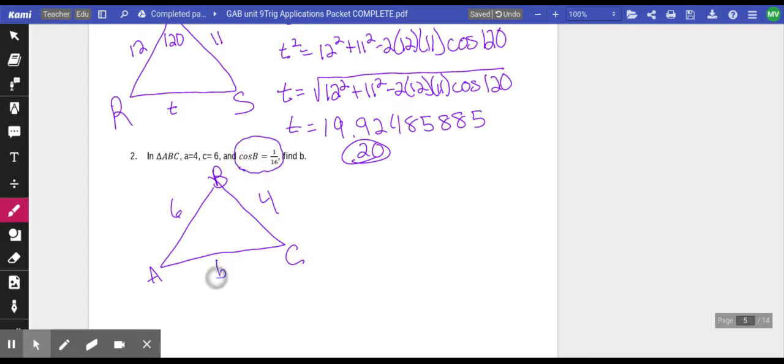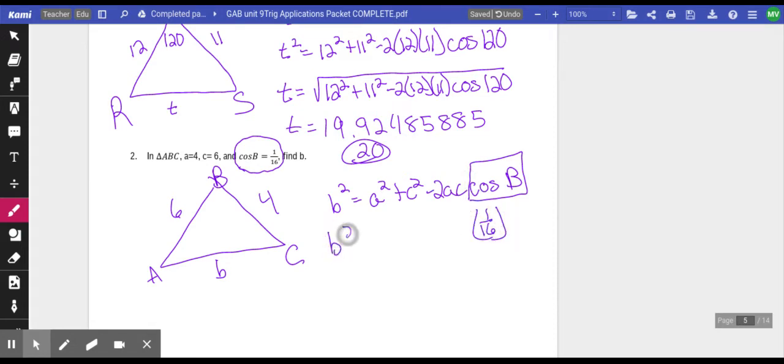Again, if we're finding side b, we're going to do b squared equals a squared plus c squared minus 2ac cosine of B. Since I know the cosine of B is 1/16, I'm just going to replace the cosine of B with 1/16. So it's b squared equals 4 squared plus 6 squared minus 2 times 6 times 4 times 1/16.